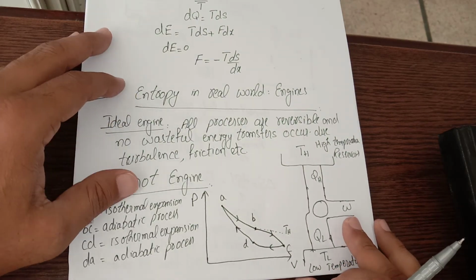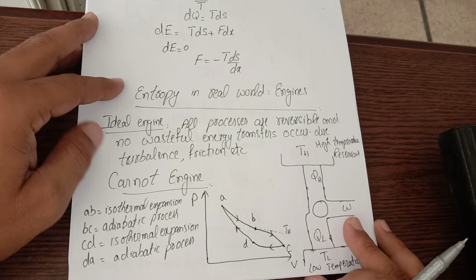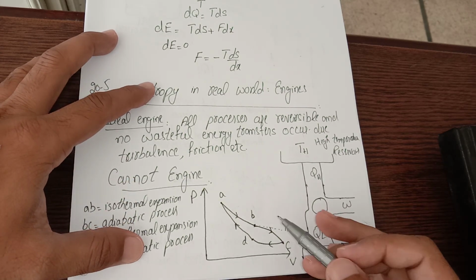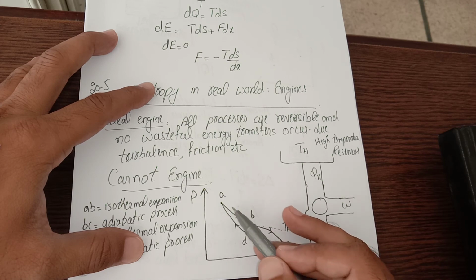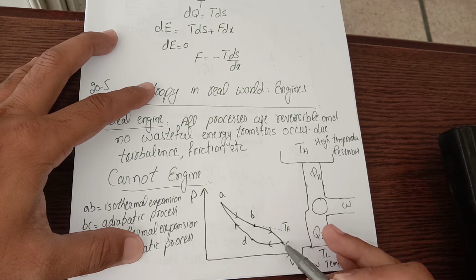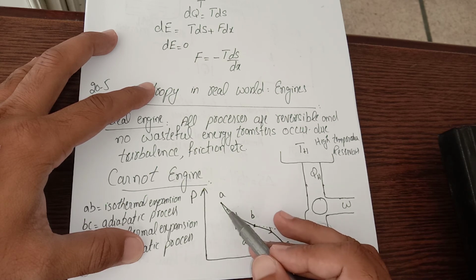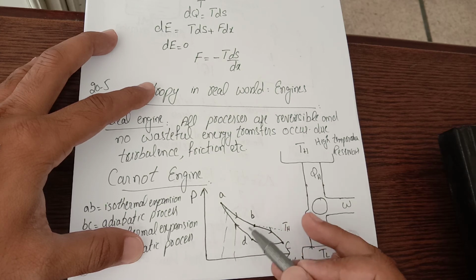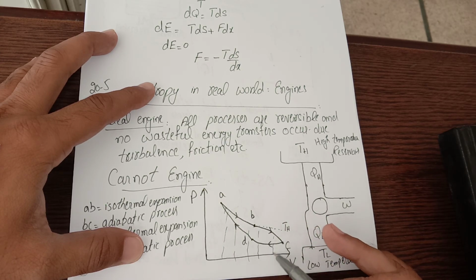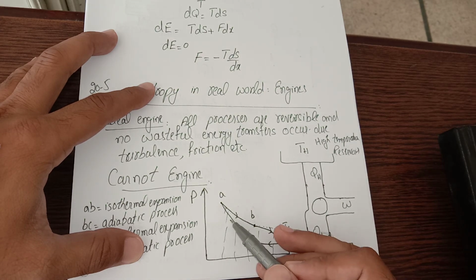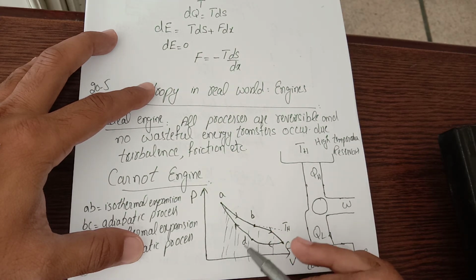Now, if we want to look at the work done by this Carnot cycle, first, when there is isothermal expansion and adiabatic process A, B, C, you can find the area under the curve would be like this one, right? And when you have this CDA, the area under the curve would be this one.